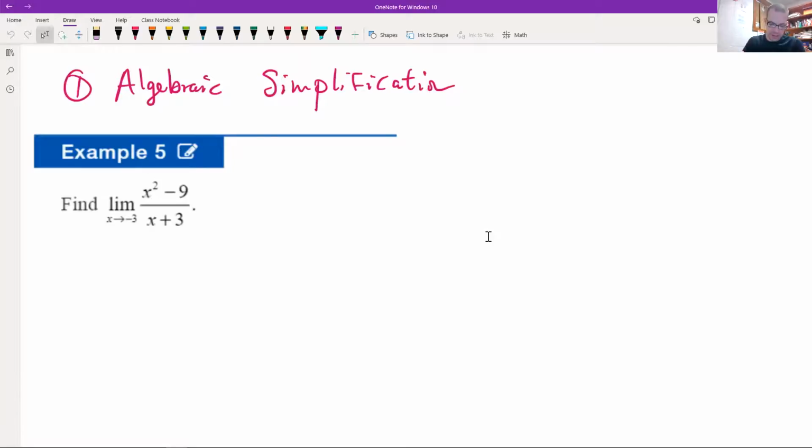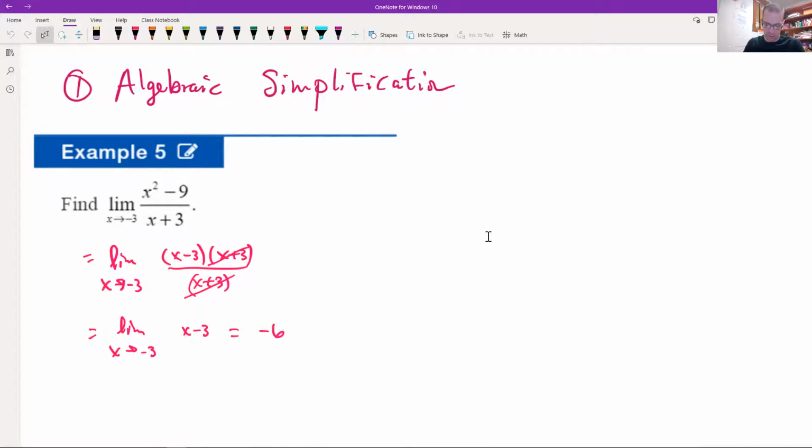And so what we do is factor the top and get x minus 3, x plus 3 over x plus 3, cancel out the common factor of x plus 3, and we're just left with the limit as x approaches -3 of x minus 3. And then when we substitute in -3, we get -6 there. So that's great.